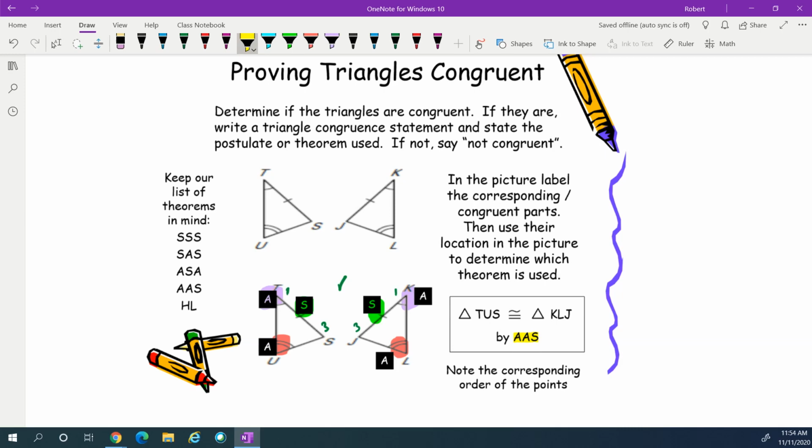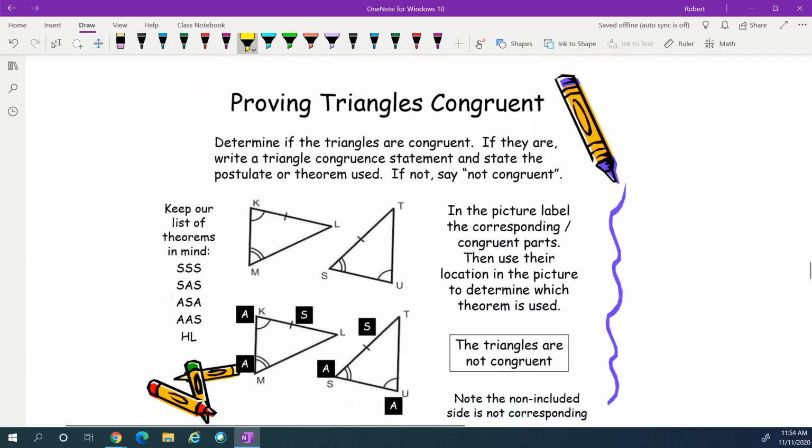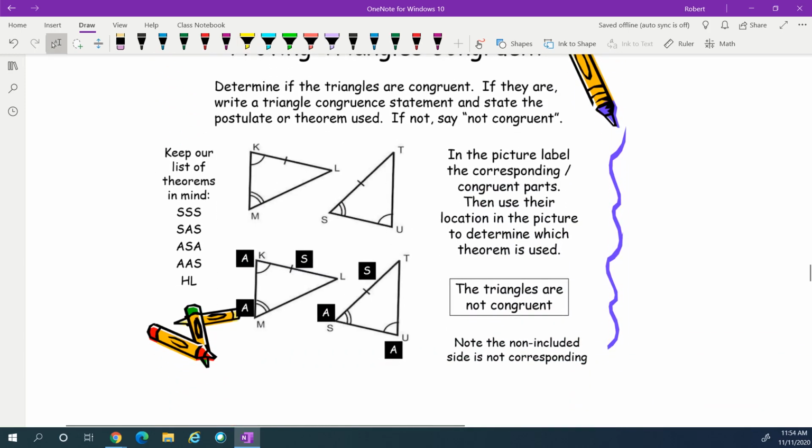Now, look at the difference in the next example. Again, I have an angle marked 1 and an angle marked 1. I have an angle marked 2 and an angle marked 2. And I have a side marked 1 and a side marked 1. So again, I have two angles and a side. It's not the side between the angles, so it's not ASA.